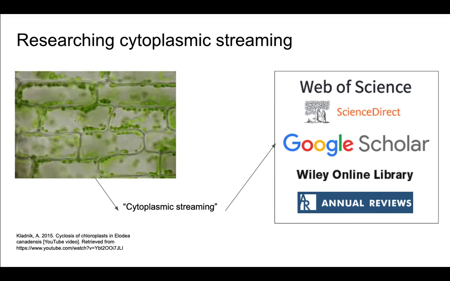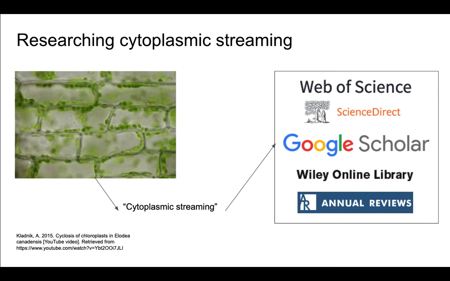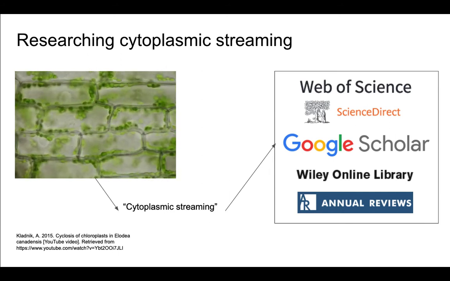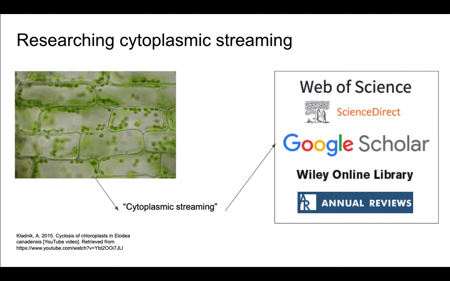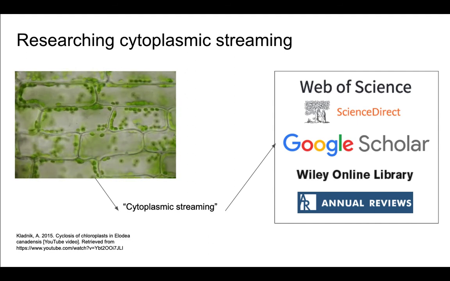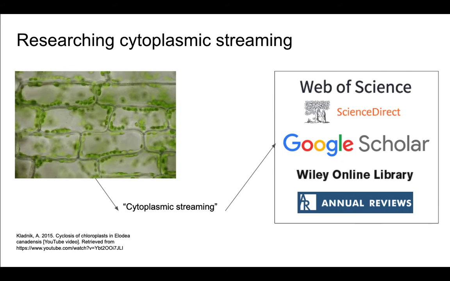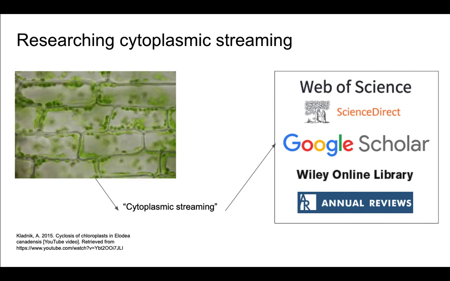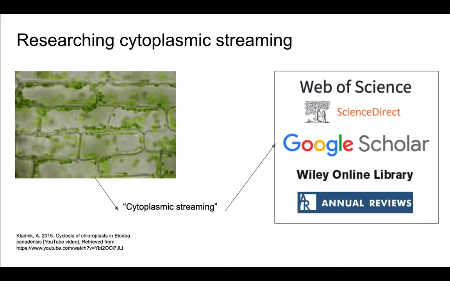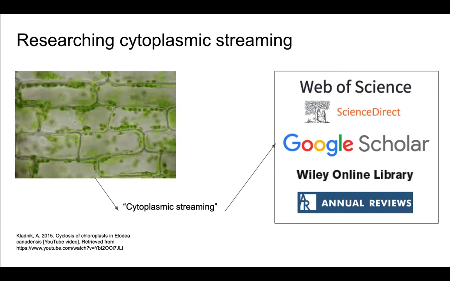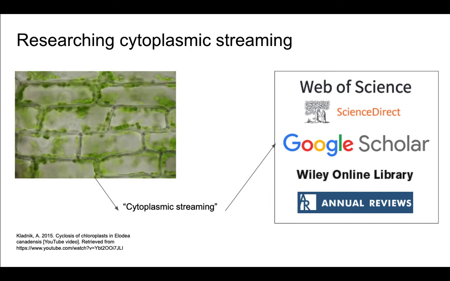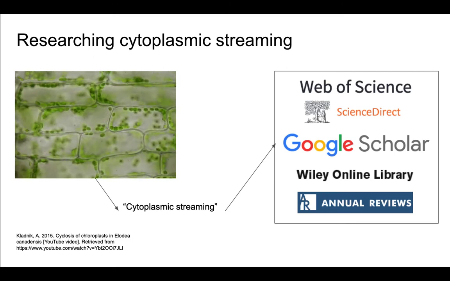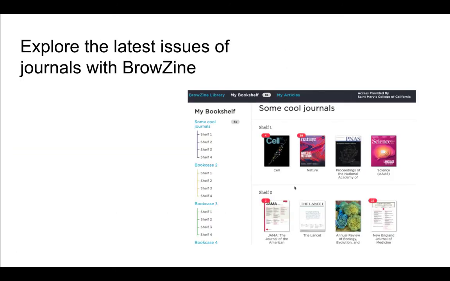A trick is if you put multiple words in quotes that you want to search together, anything that comes back in the search results will have those terms somewhere in the text. So if I want to research cytoplasmic streaming as a full concept, I can put quotes around those terms, and then the results that come back will be about that topic. So that's searching the databases.